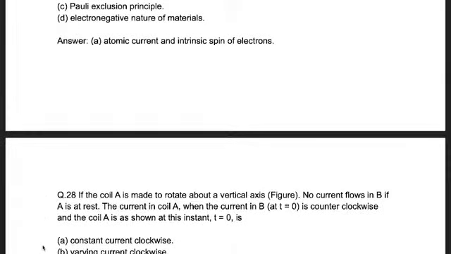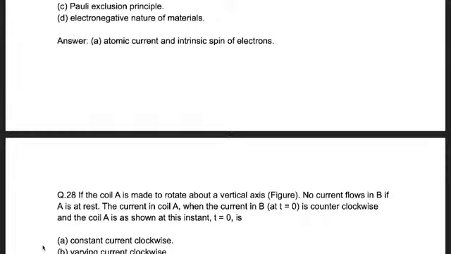Question number 28. If the coil A is made to rotate about the vertical axis as in the figure, no current flows in B if A is at rest. The current in coil B at t equals 0 is counterclockwise, and the coil A is as shown at this instant.